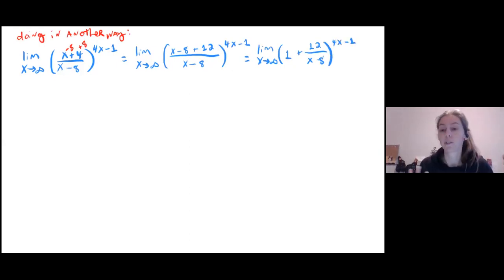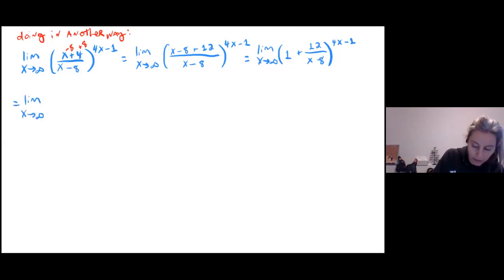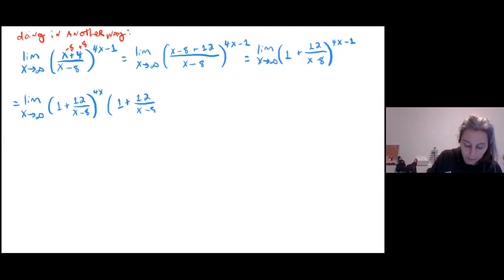Now, I'm going to remember my rules about exponents. 4x minus 1, I can separate that to give me the limit as x approaches infinity of (1 plus 12 over x minus 8) to the 4x times (1 plus 12 over x minus 8) to the negative 1.